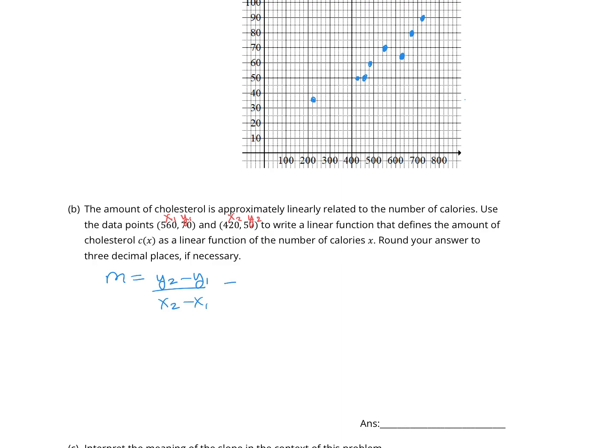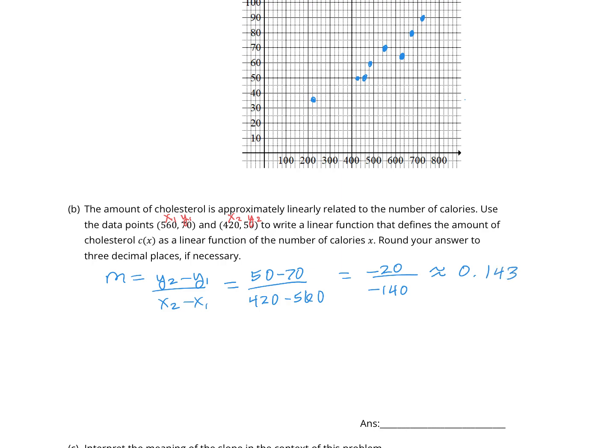And now carefully substitute those numbers in and calculate down to an answer. So that's going to be 50 minus 70 over 420 minus 560, which simplifies down to negative 20 over negative 140. That is 1/7, but again, we're going to be talking about decimals here, so let's just make that 0.014. No, there's no zero there. Maybe back that up. So that is going to be 0.143.